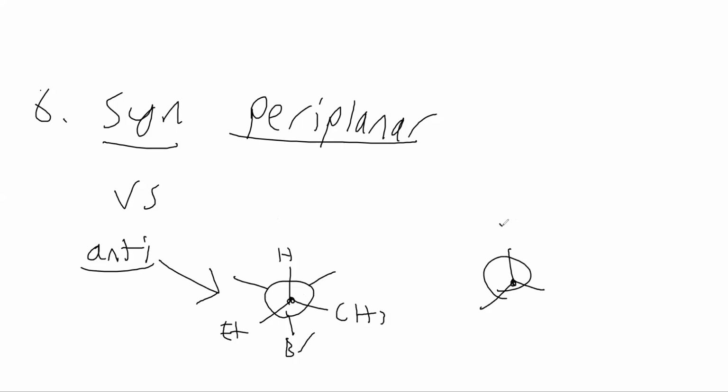And then syn would be like this. Okay, I flipped the molecule around, but that doesn't really matter. So you can see that they're eclipsing each other and they're pointing in the same direction.